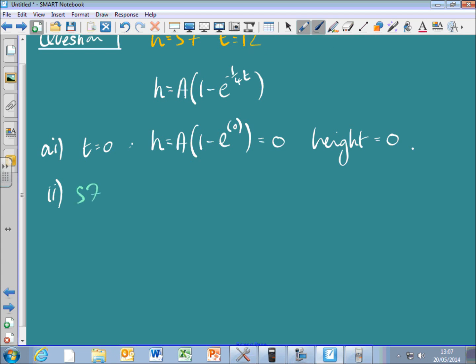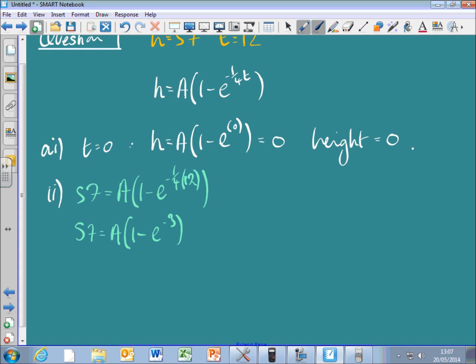So I'm just putting 57 is equal to a 1 minus e to the minus a quarter, and it says it's got a height of 57 when t equals 12. Okay, so let's just sort all this out. So this gives me 57 is equal to a 1 minus e to the negative 3.